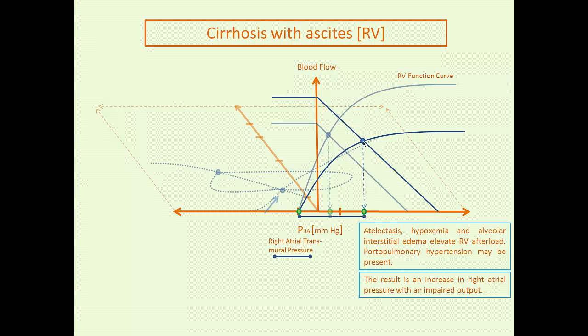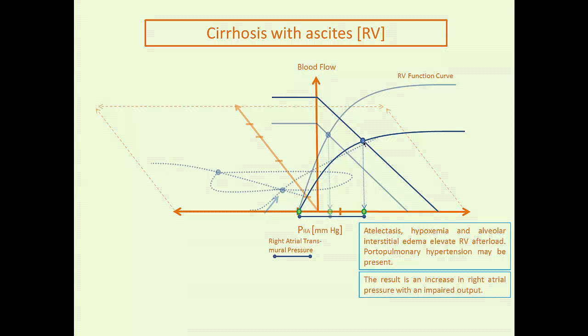There's multiple mechanisms by which the afterload of the right ventricle is increased in the patient with ascites. This patient's atelectatic from the large ascites, causing compression of the lower lobes of the lungs. That increases pulmonary vascular resistance. It leads to an increase in this West Zone 4 physiology, whereby the interstitial edema within the lungs, the pressure within the interstitial space, supersedes the transmural pressure of the pulmonary arterioles and causes collapse of the pulmonary arterioles, which would serve to further augment pulmonary vascular resistance.